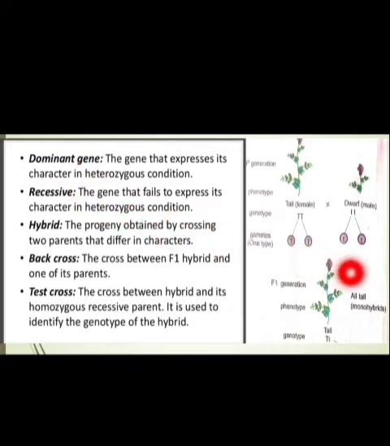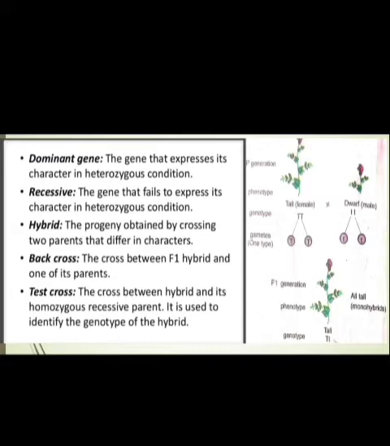In short, the character or the gene which expresses itself in F1 generation or in heterozygous condition is called as dominant gene, and the gene that fails to express its character in heterozygous condition is called as recessive. Here in F1 generation, this offspring is called as the tall, not the dwarf. So the character which does not express itself in F1 generation is called as recessive gene or recessive character.